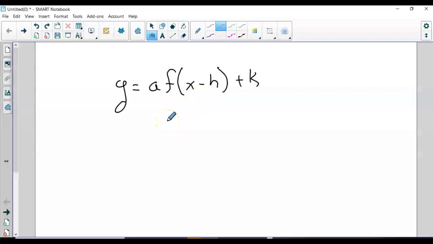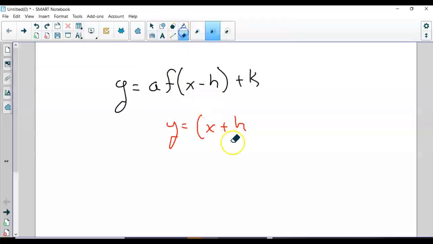We're going to use just a regular, what function should we use? Let's use quadratic. Okay, so if we had a quadratic function, this is the first ones we worked on, right? And we had x plus h. Let's make it numbers. We use 5 since we have 5. x plus 5 squared. We're not going to put a k. We're not going to move it up or down.